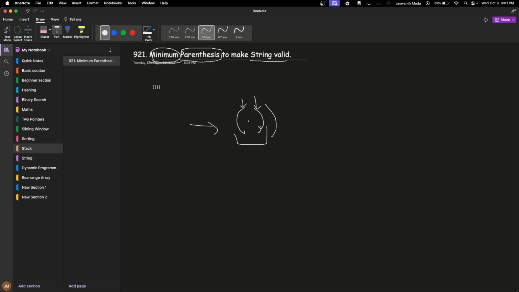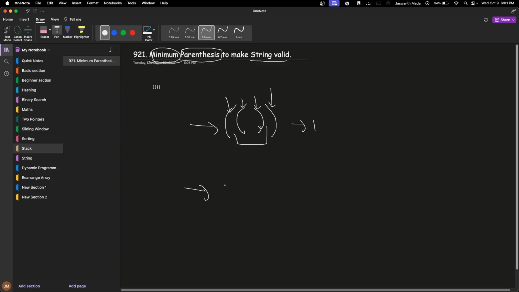We don't need to do anything about this. So when we come here, we see that there is a right parenthesis, but there is no left parenthesis for this. This guy needs to have someone on the other side in order to make him valid, but this guy doesn't have anyone, right? So what we need to do is add one parenthesis on the left in order to make it valid. So the answer became 1.